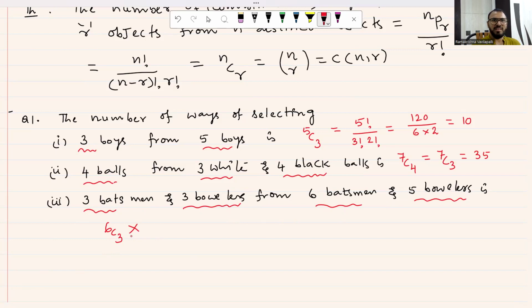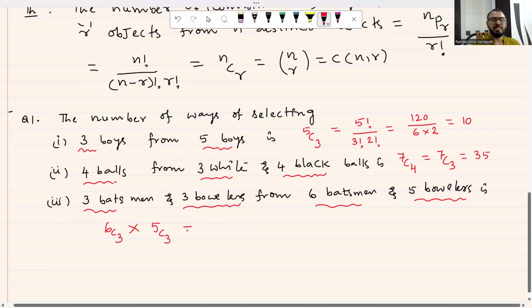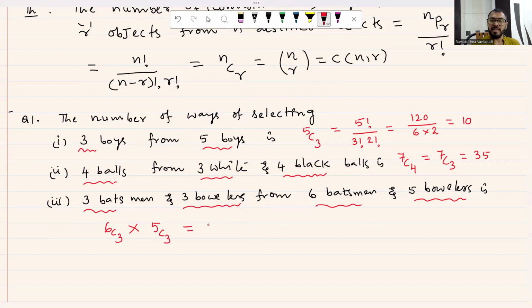You have to select 3 batsmen from 6 batsmen; that can be done in 6C3 ways. And 'and' means multiply. You have to select 3 bowlers out of 5 bowlers, into 5C3. You find that 6C3 is nothing but 6 factorial by 3 factorial into 3 factorial. So that is 20 into 10. This is equal to 200.